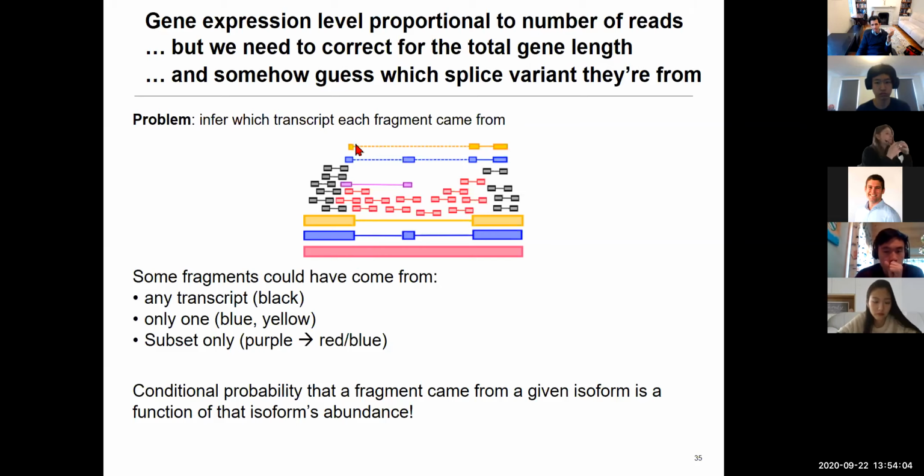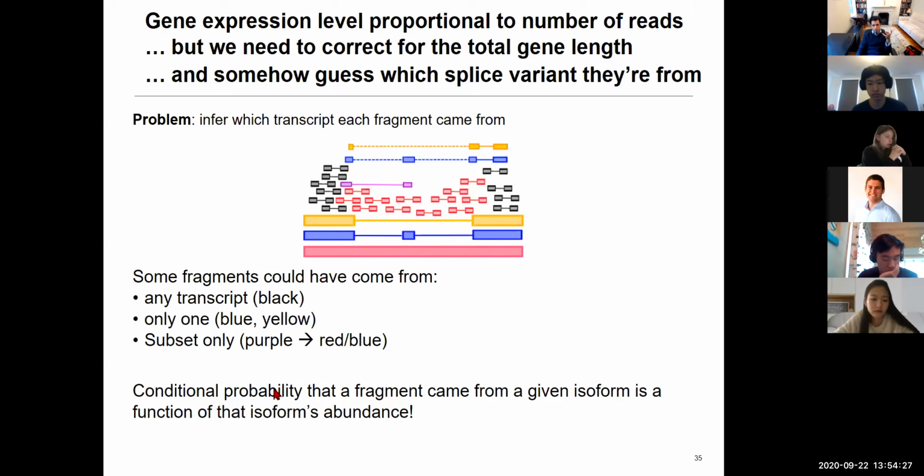So basically there's no doubt that this one is part of this particular alternative splice form, and that this one is part of that alternative splice form. But this one is ambiguous. It could be part of blue and it could be part of something else as well. So, for example, this one could fit either red or blue.